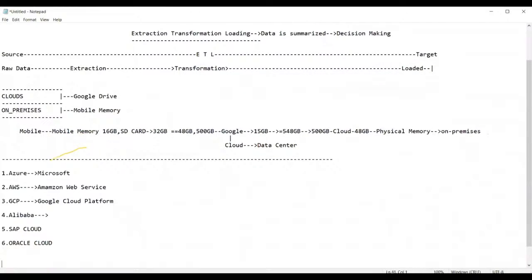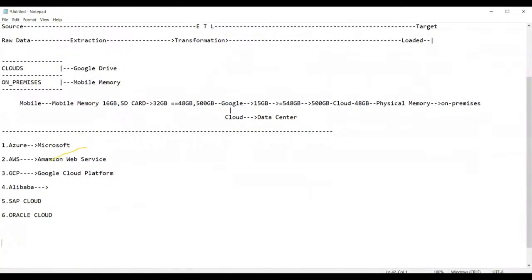Now, these cloud services are basically classified or divided into three categories. The first one is IaaS. IaaS stands for Infrastructure as a Service.